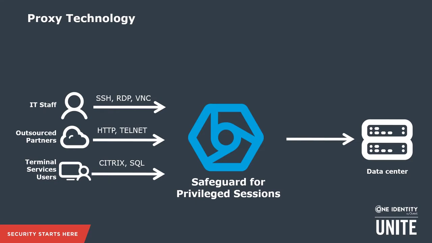Apart from being within the connection, I want to show you the 5 major features of Safeguard for Privileged Sessions. Safeguard for Privileged Sessions offers you a toolset to ensure that the connections to your most critical systems are as secure as possible, even though we are talking about highly privileged users. The first and most important one is the transparency, which is offered by recording every user activity within the remote sessions.